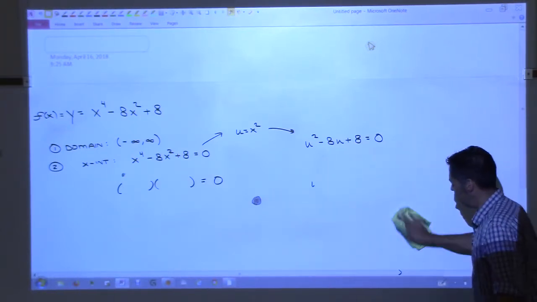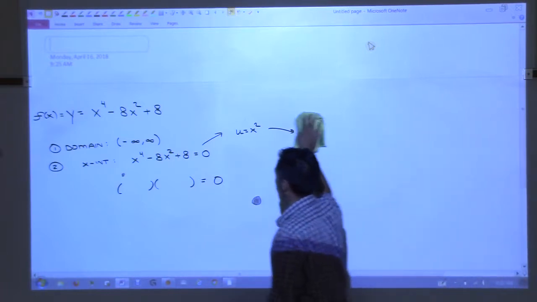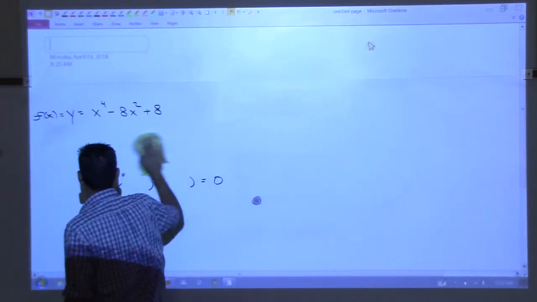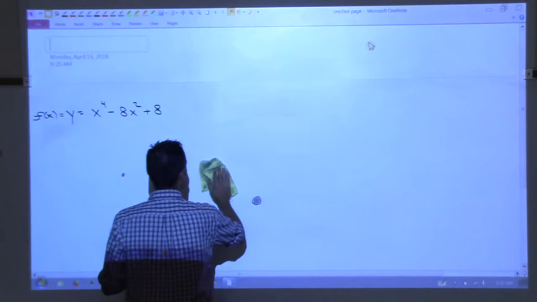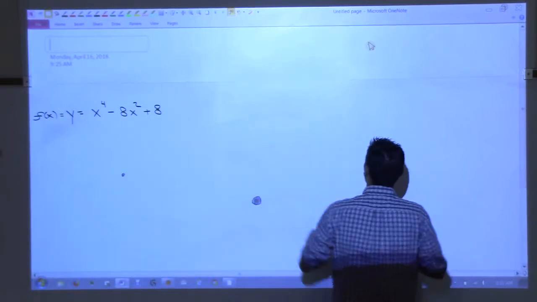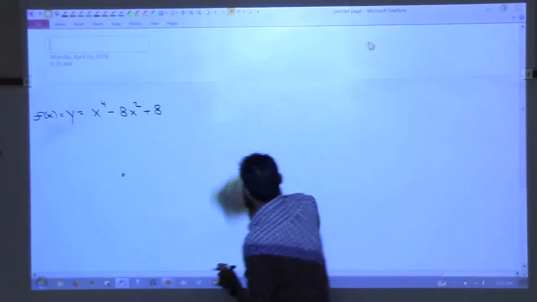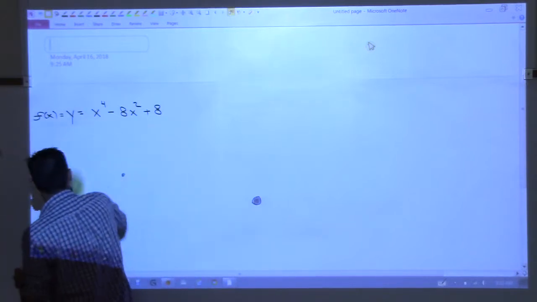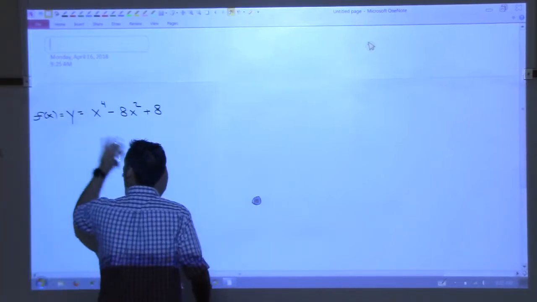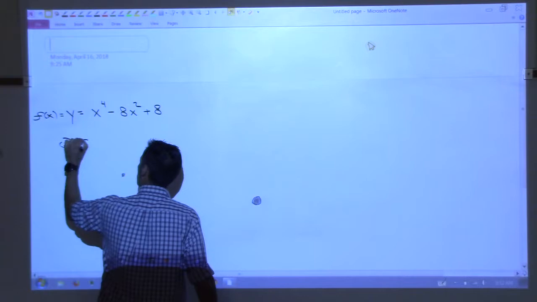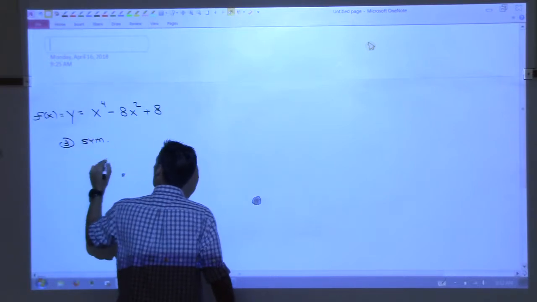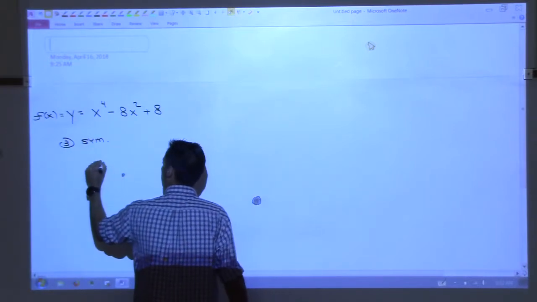All right, let's go to step 3. Step 3 is what? Symmetry. All right, so when we do symmetry, I'll do it over here. All right. For symmetry, let me first check.